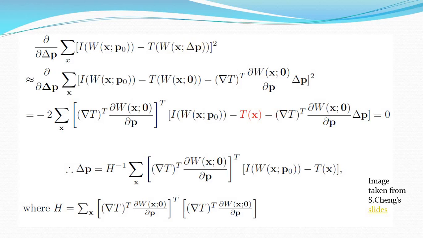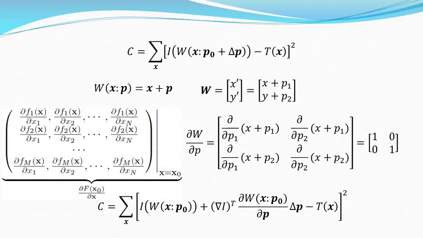Please understand this carefully. In the original KLT algorithm, we had this as our cost function, and there was P naught plus del P over here. When I used the Taylor series, you got W(x; P naught), that is this particular part, plus del I transpose into this thing, that is the Taylor series.